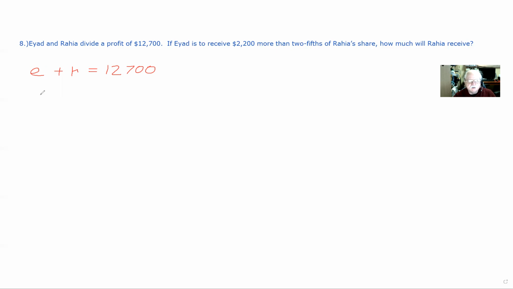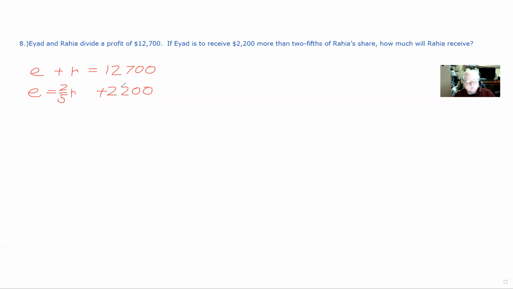They've told us Iad is to receive, so equals, 2,200 more, so plus 2,200, then 2/5 of Rhea's share.